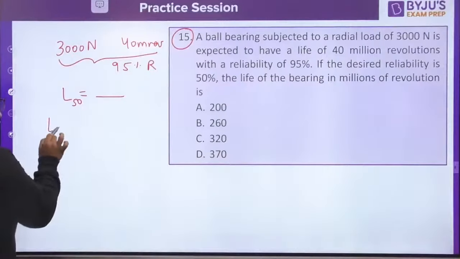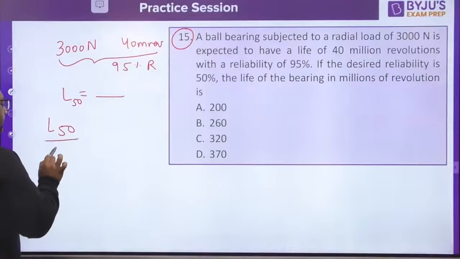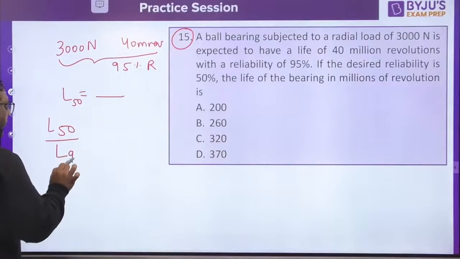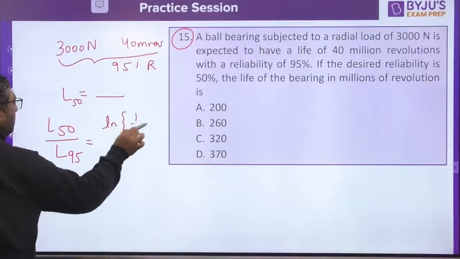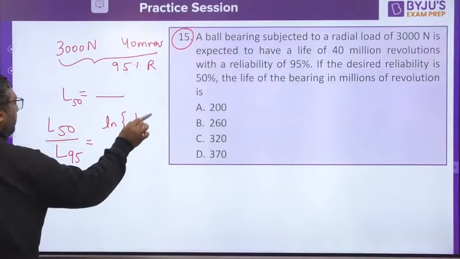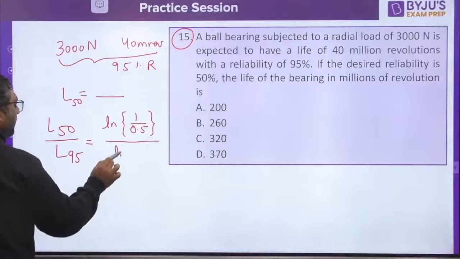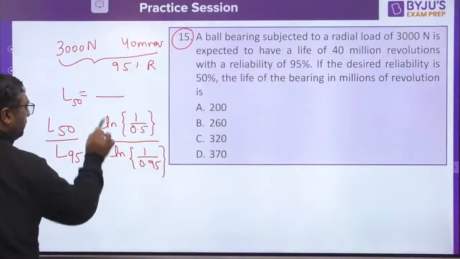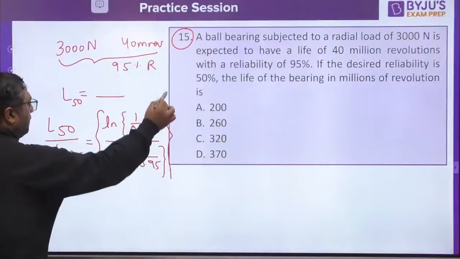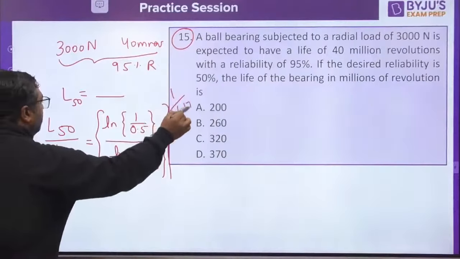You know, we can do L50 by L95, ln 1 by 0.5, ln 1 by 0.95, 1 by 1.17.